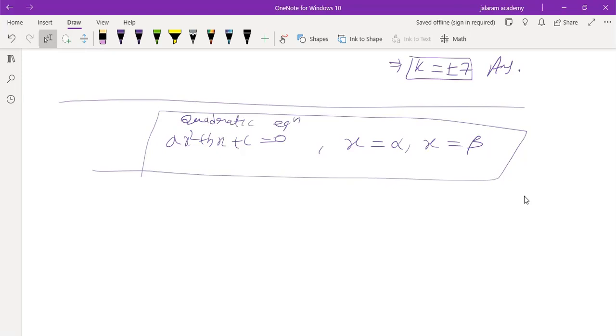Quadratic equation ax square plus bx plus c equals 0 is satisfied by 2 values of x, which are called roots of this equation.